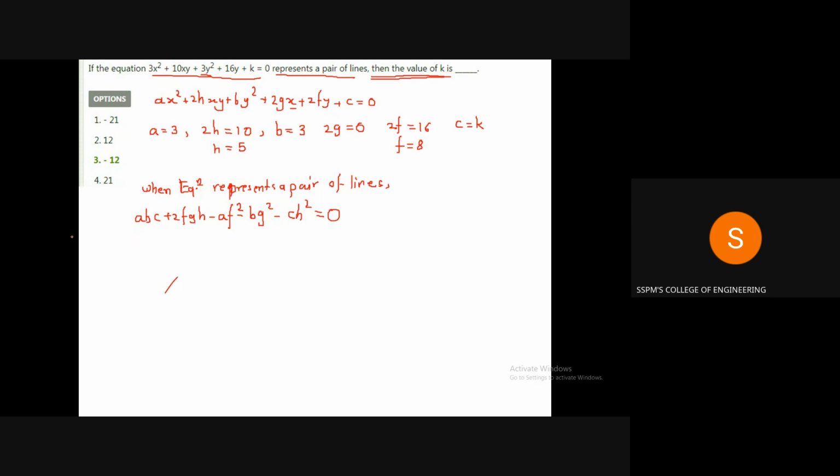Now just put all the values. Value of a is 3, into value of b is 3, value of c is k.